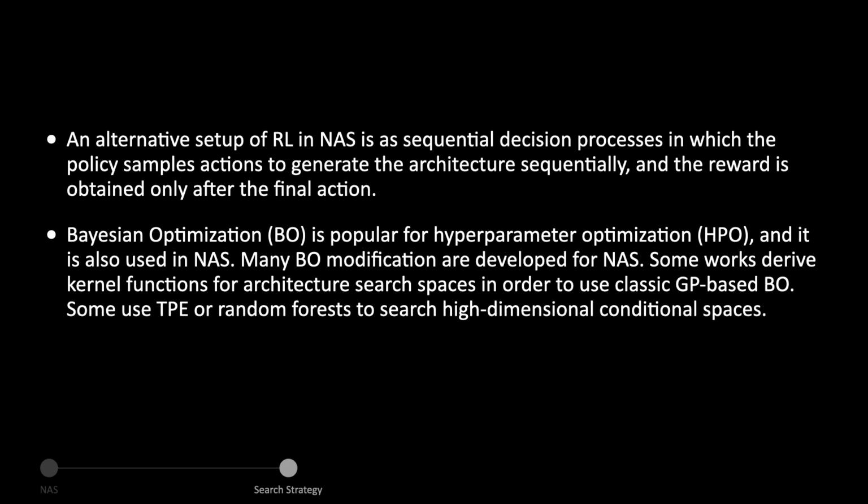Some works derive kernel functions for the architecture search space in order to use classical Gaussian process-based BO. Some use TPE or random forest to search high-dimensional conditional spaces. Here, AutoKeras uses Bayesian optimization as a search strategy, and we will go through an introduction to Bayesian optimization in the next section.